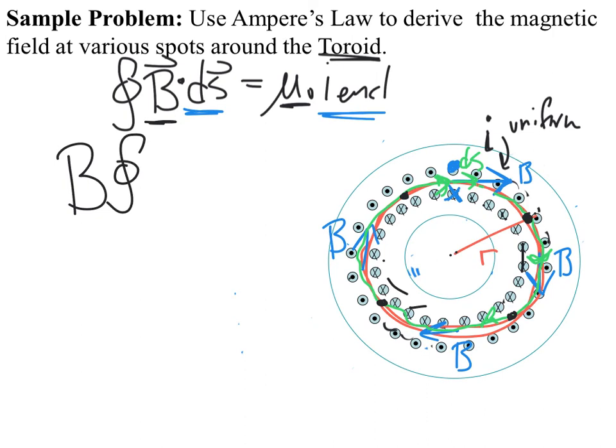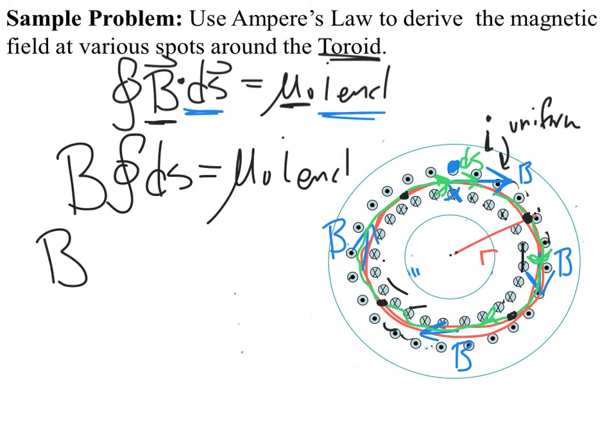And then I just need to take the integral around that loop, ds. And that should equal our constant, mu naught, times our current enclosed. B here needs to be multiplied by 2 pi times r, because that's our path length. And our current enclosed, that one's a little bit tricky. I would need to know how many wires are enclosed here.